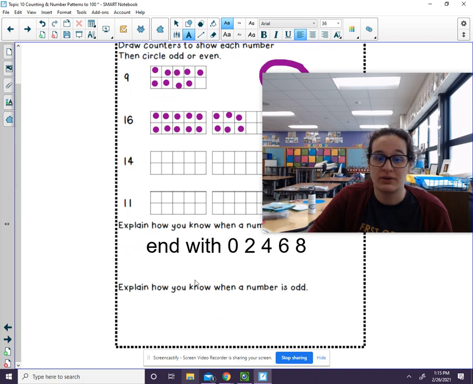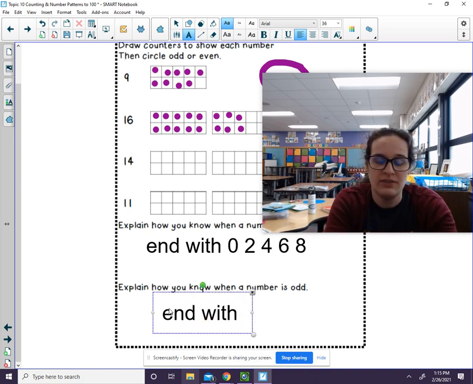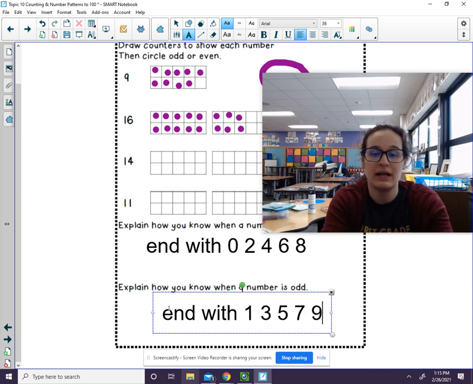How do you know when a number is odd? Well, it will end with 1, 3, 5, 7, or 9.